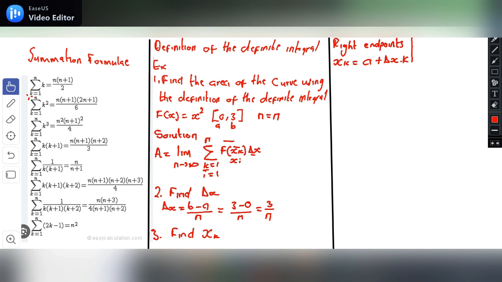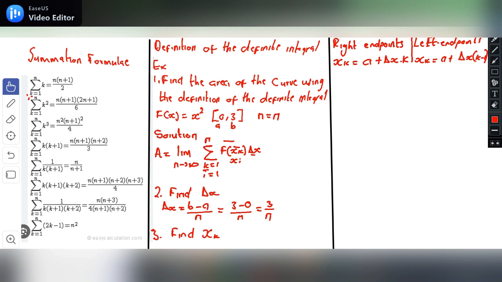And then now let's do the left hand points. The left hand points formula is going to be xk is equals to a plus delta x into k minus 1.